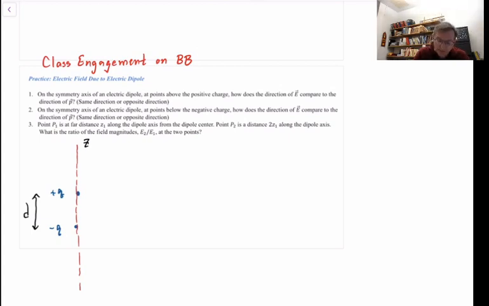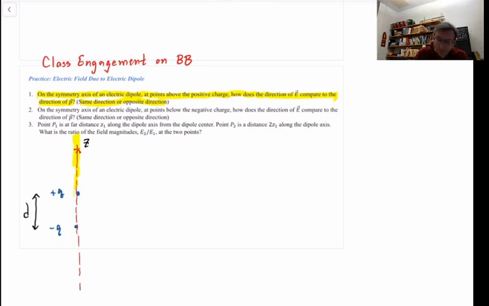So here's the first question for you to answer. On the symmetry axis of an electric dipole, at points above the positive charge, meaning here on up, how does the direction of E compare to the direction of little p, the electric dipole moment? Same direction or opposite direction? Are E and p in the same direction when you are somewhere up here, or are they in opposite directions?